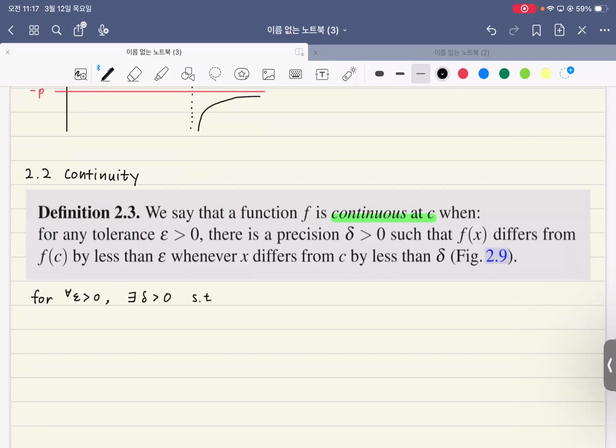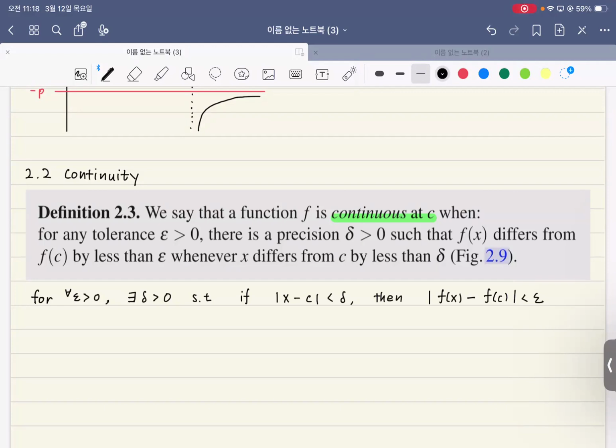So what is that condition? If the distance between x and c is less than delta, then f of x minus f of c is less than epsilon.